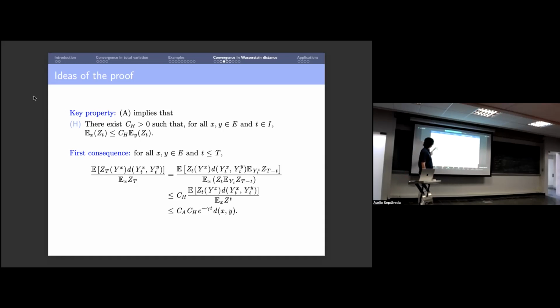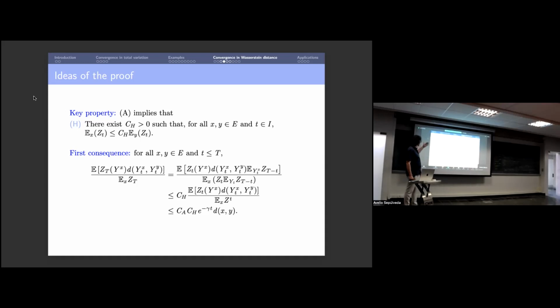It simply says that regardless of where you start, x or y, the probability of survival for any time t is always comparable up to some multiplicative constant, and this constant does not depend on t. And this is a key point for the proof.